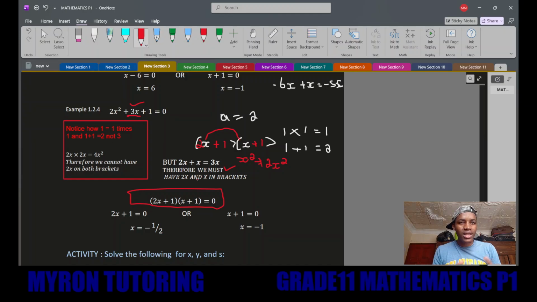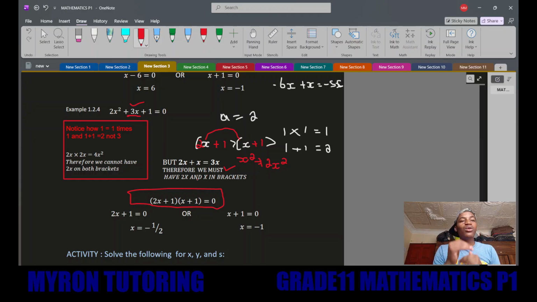The first step is to put x inside the bracket. Is it x squared or is it 2x squared? It is not x squared, but it is 2x squared. So that means one of the brackets must have a 2. If it was 4x squared, I must have both brackets with 2x, because 2x times 2x will give me 4x squared. But in this case, we only have 2x squared.